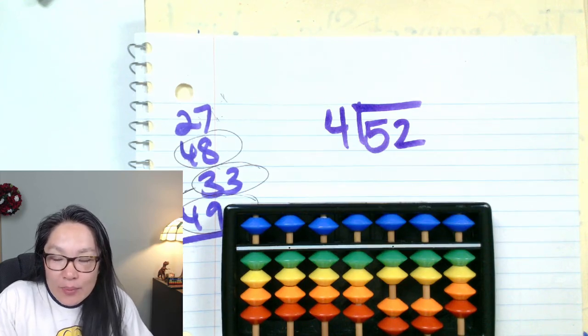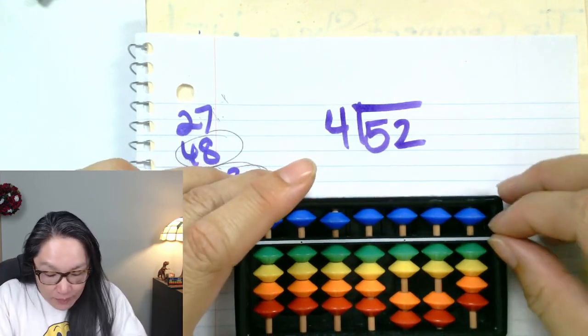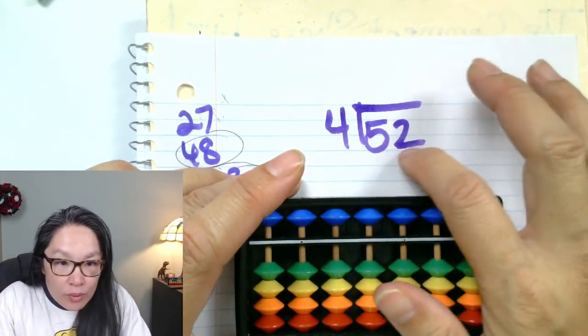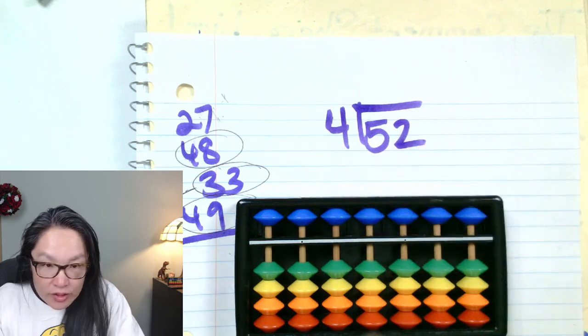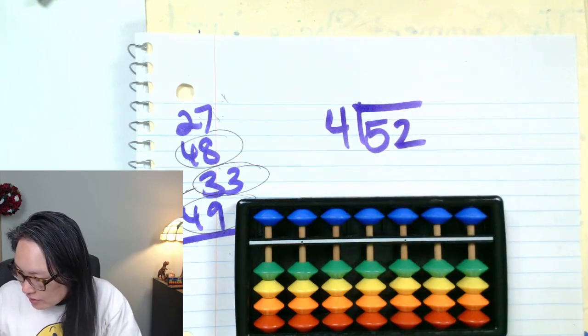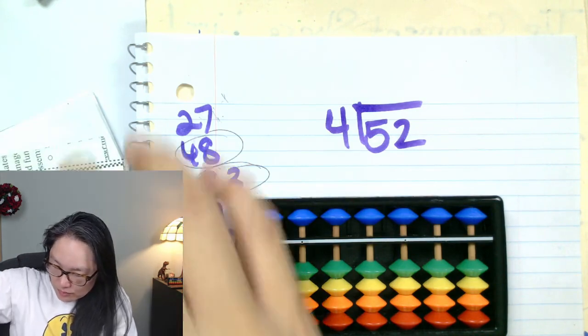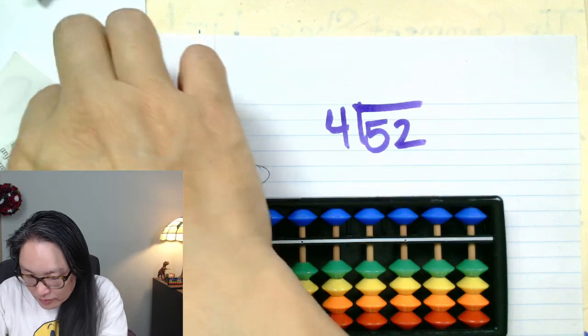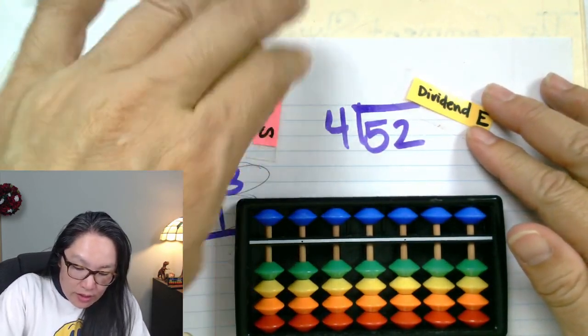So what's going to happen is, we have to count our digits. Why? Because we need to know where we're going to put our answer. We have 2 digits in our dividend, and we have 1 digit in our divisor.